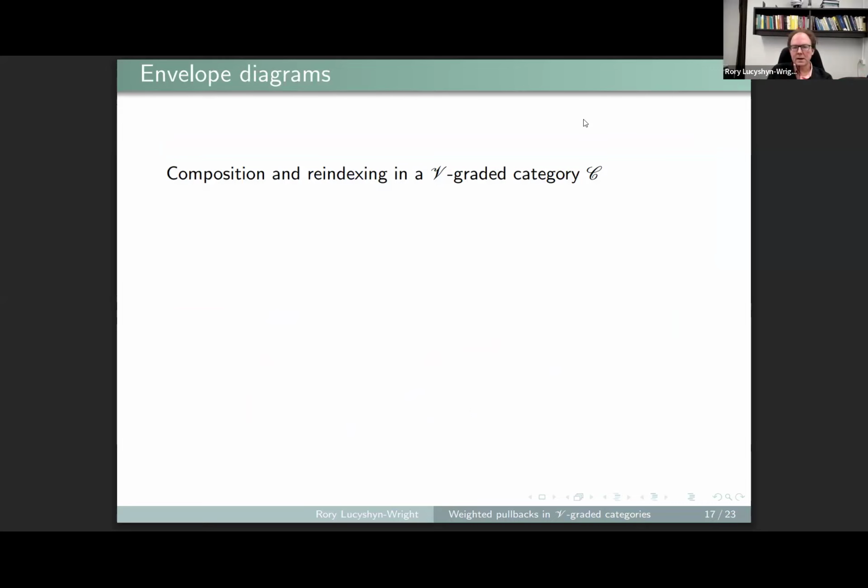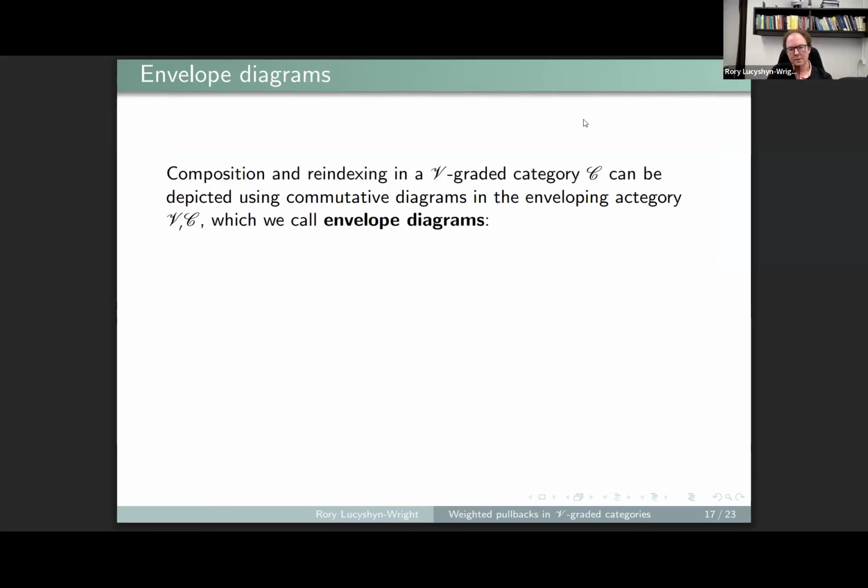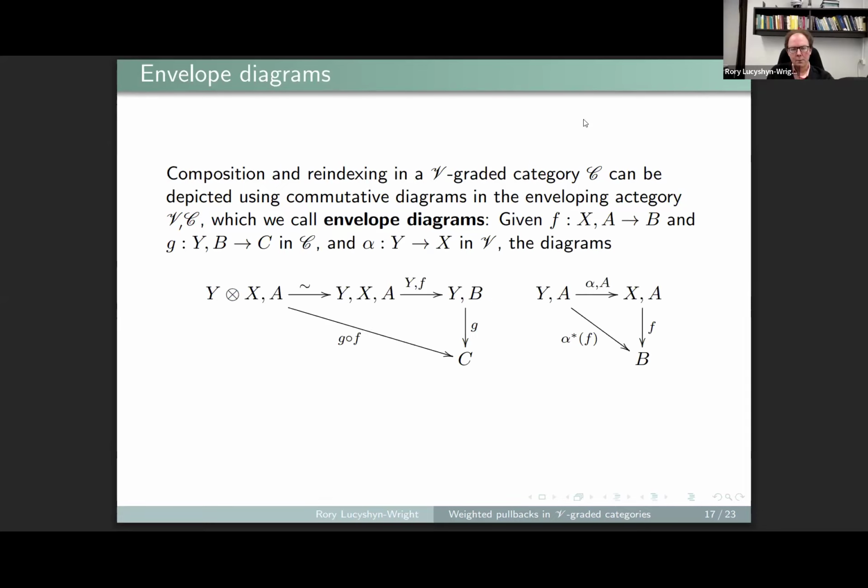Composition and reindexing in a V-graded category C can be depicted using commutative diagrams in the enveloping actegory, V comma C. We call these envelope diagrams. So here are some examples, given graded morphisms F and G that are composable, and also a morphism alpha from Y into the grade X. We can form the following diagrams.